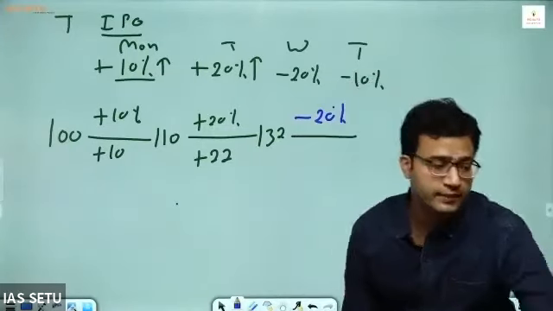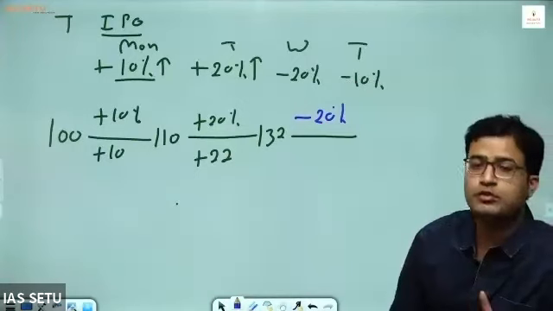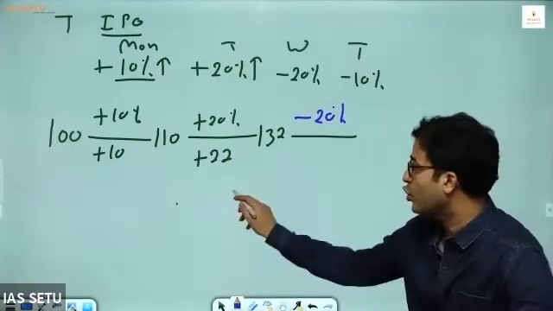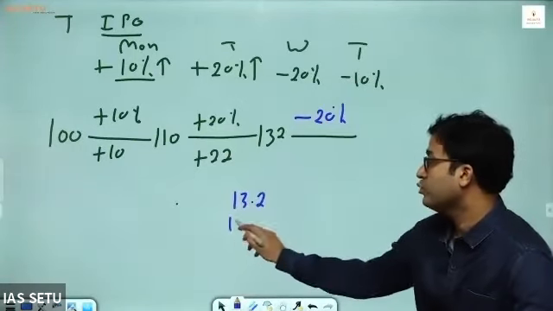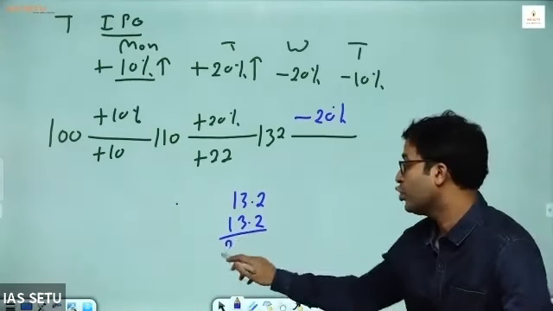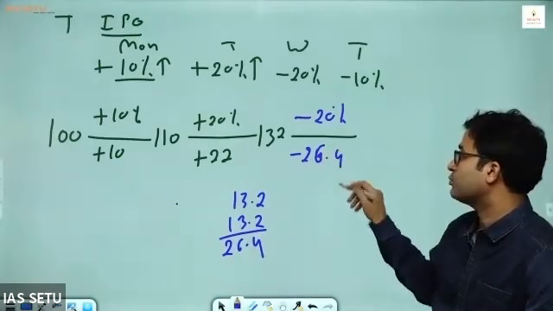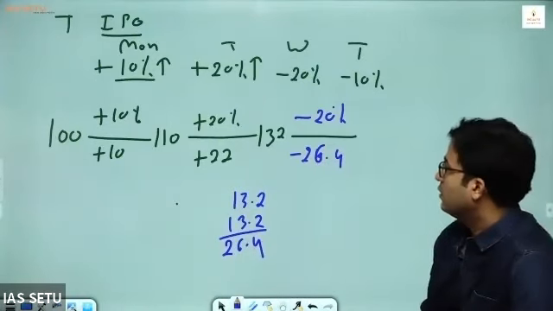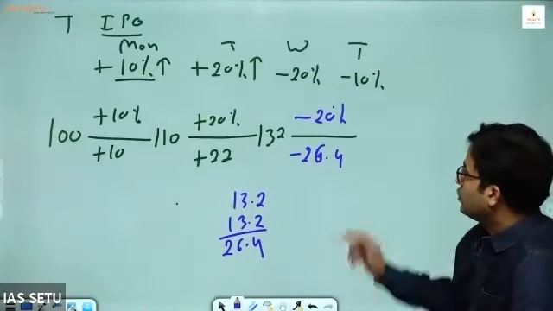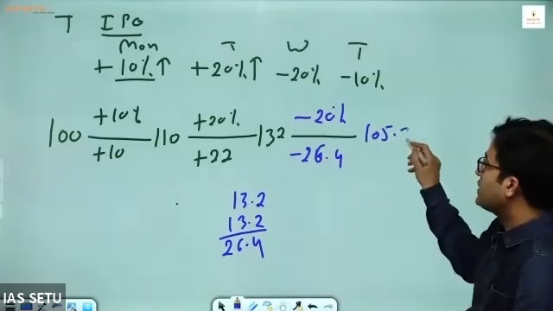Next is a 20% reduction. What is 20% of 132, category 1 student? You go slow. 10% is 13.2, 10% is 13.2. This is 26.4. So it is minus 26.4. So this is 105.6.